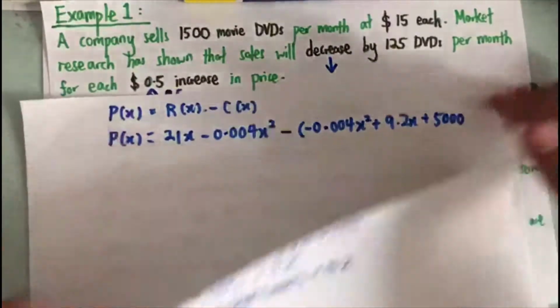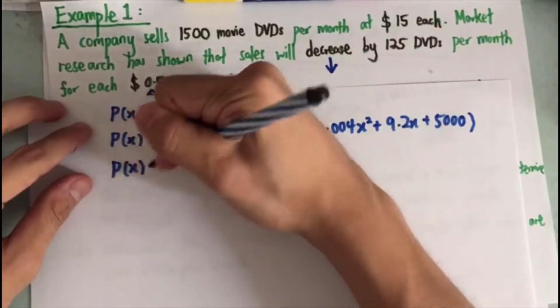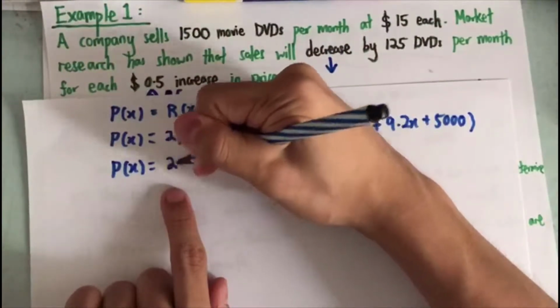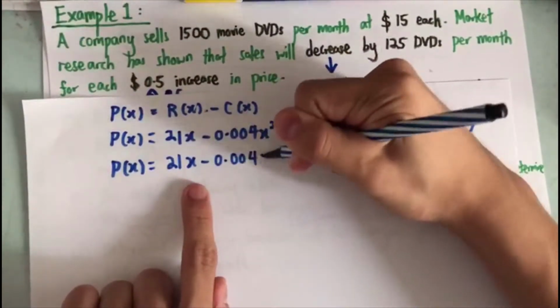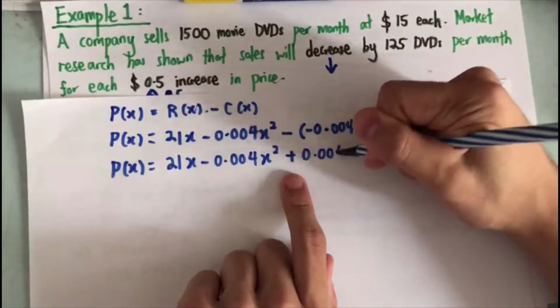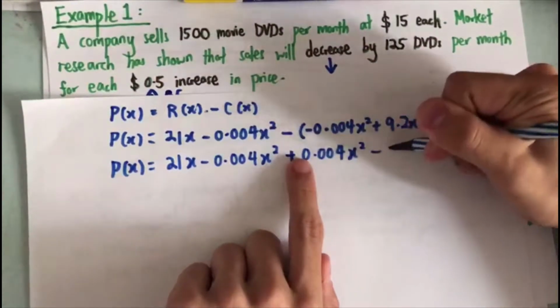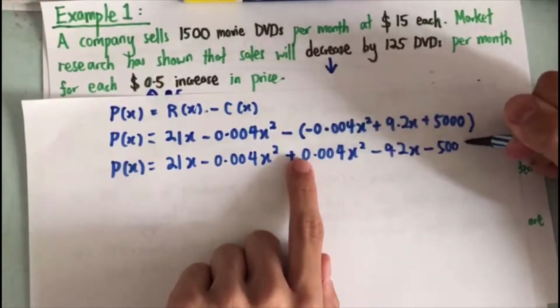And then we just have to expand it and simplify it. 21x minus negative 0.004x squared, that is plus 0.004x squared, minus 9.2x minus 5,000.